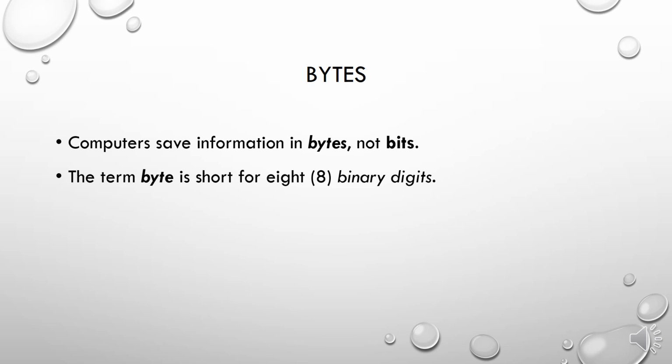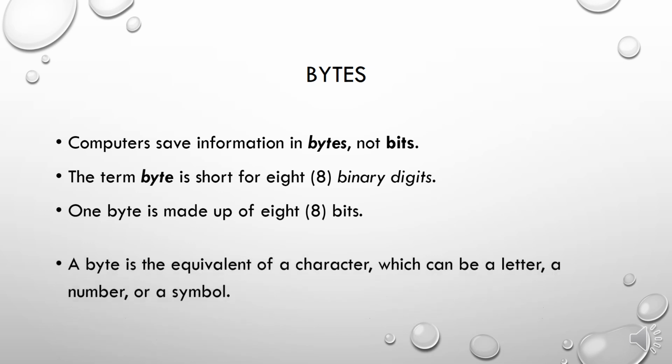So if you have a combination of 8 ones and zeros, you have 1 byte. 8 binary bits, you have 1 byte. So 1 byte is made of 8 bits.